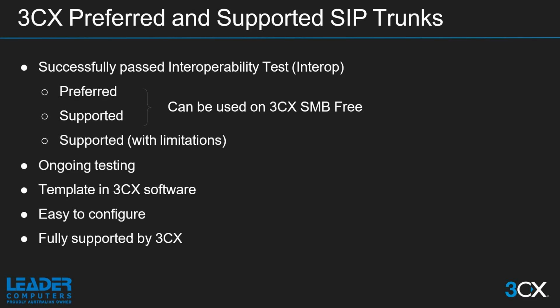It's something you need to deal with on your own with the voice provider, because 3CX will not support issues related to a third-party voice provider. Their support is included only if you're using a preferred or supported SIP trunk provider.